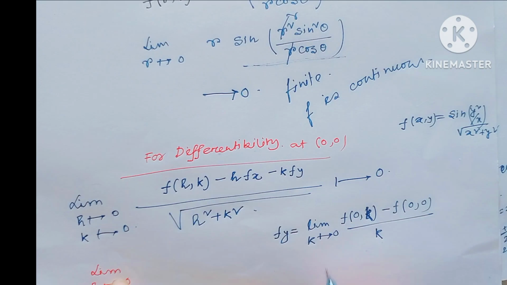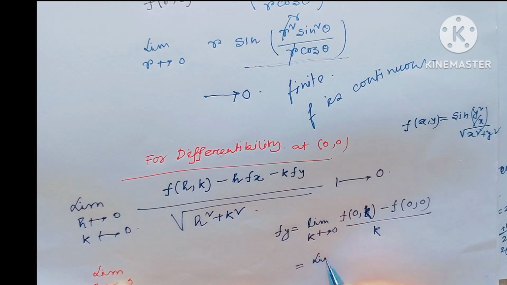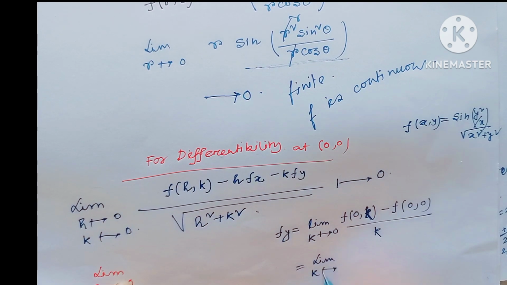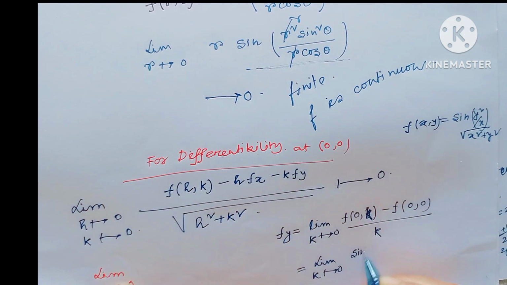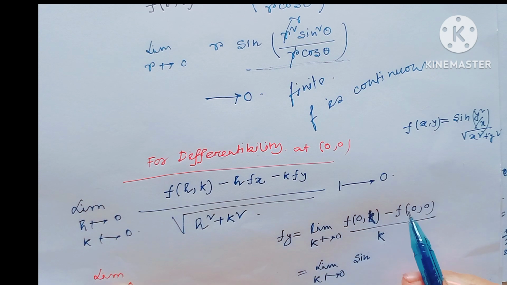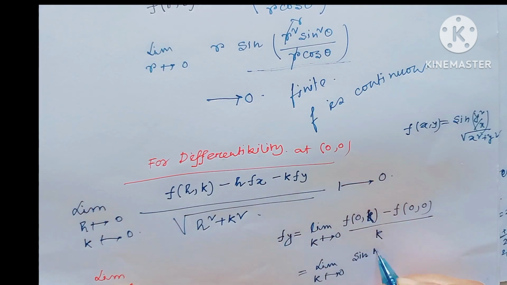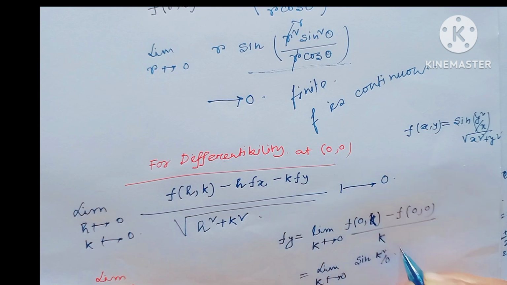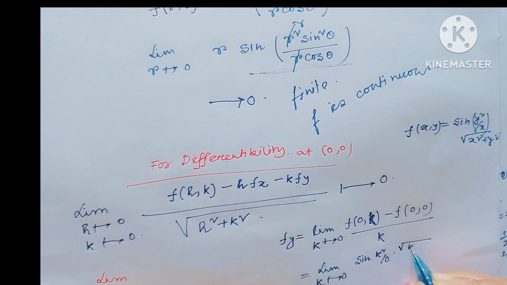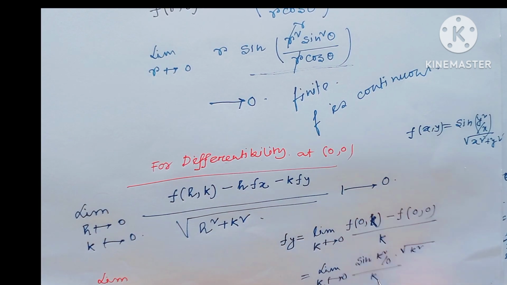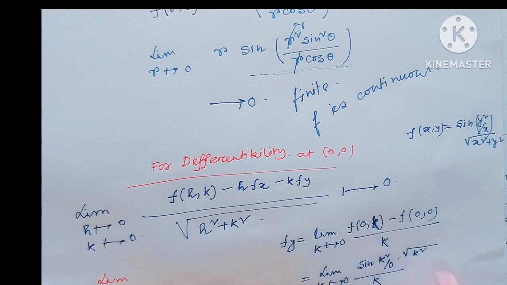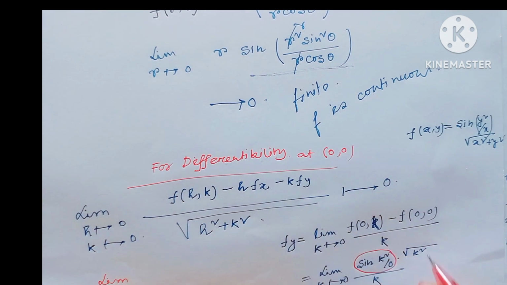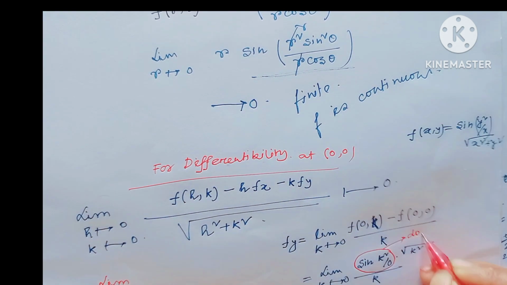And f(0, k) gives the limit as k goes to 0 of sin(k square) over 0 times square root of k square, divided by k, and obviously this value does not exist.